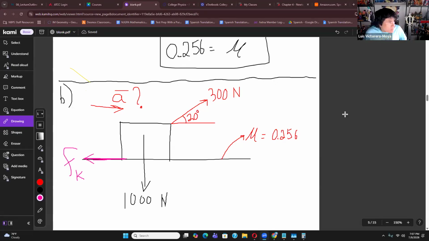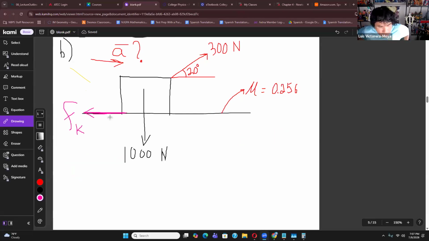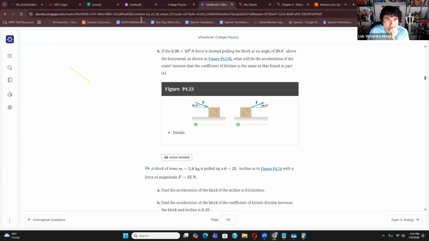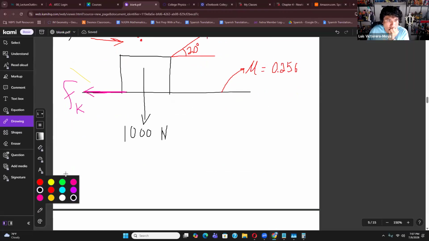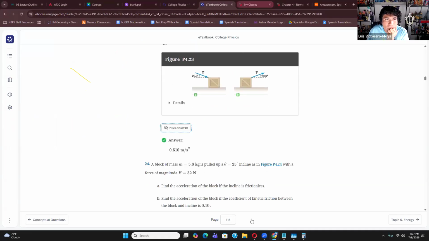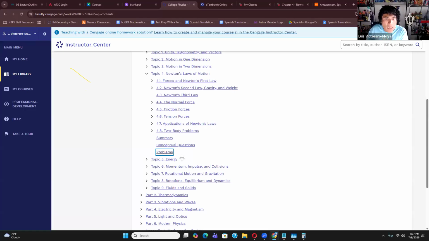Anybody else got an answer? Who got the acceleration of this? Let's check actually what you got. Yeah, you got it right. 0.5.